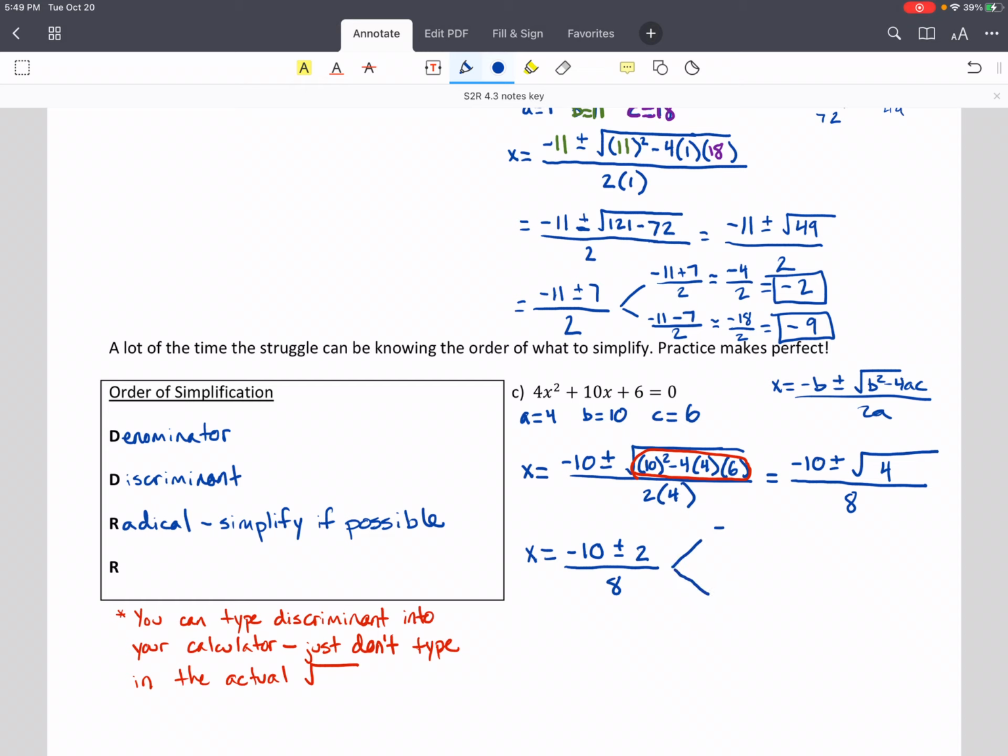And now we can split off and choose our own adventure. Okay, negative 10 plus 2 is negative 8. Divided by 8 is negative 1. Negative 10 minus 2 is negative 12 over 8, which brings us to our last thing. Just reduce your answers if necessary. Negative 12 over 8, that's like negative 3 over 2.